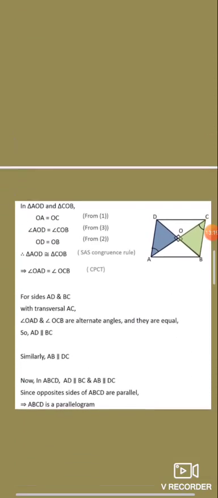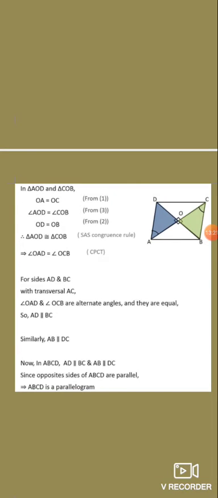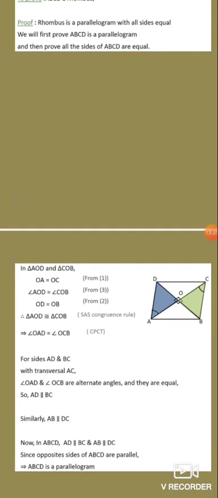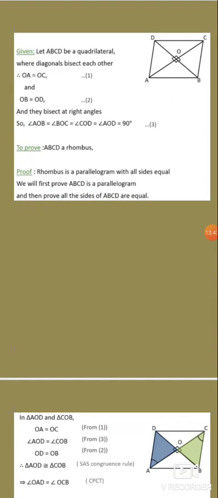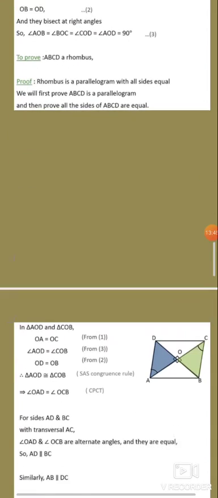Now in this figure, triangles AOD and COB: OA equal to OC, angle AOD equal to angle COB, then OB equal to OD. Why? That reason is given, remember equation number 2.